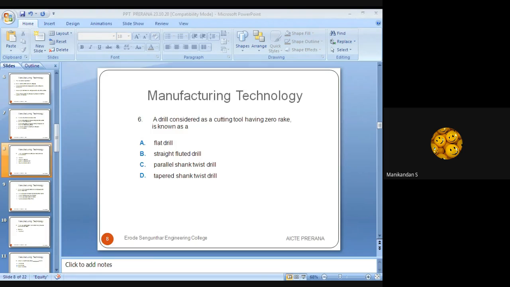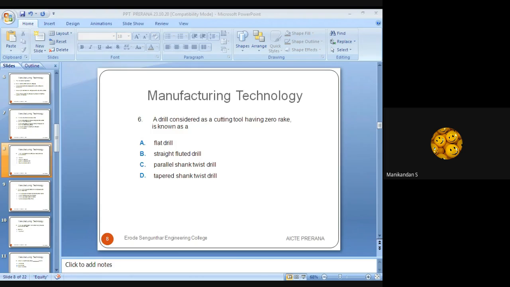Actually, a drill considered as a cutting tool having zero rake is known as a straight fluted drill. Option B is the correct one. There are different options of flat, parallel, and tapered, but the exact answer is straight fluted drill.